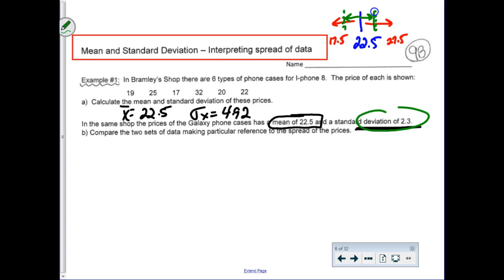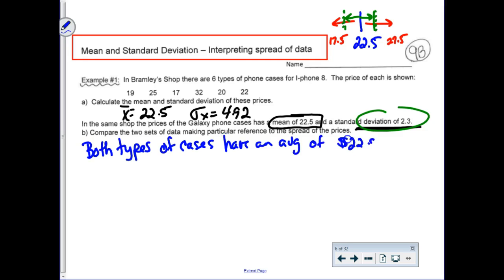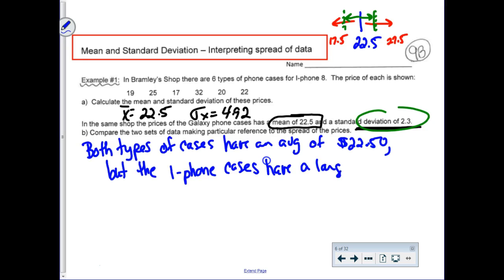Now we have to make a conclusion about what that means for us. Compare the two sets of data, making a reference to the spread of the prices. Here's what I would expect you to tell me. Both types of cases, meaning iPhone versus Galaxy, have an average of $22.50, but the iPhone cases have a larger standard deviation.